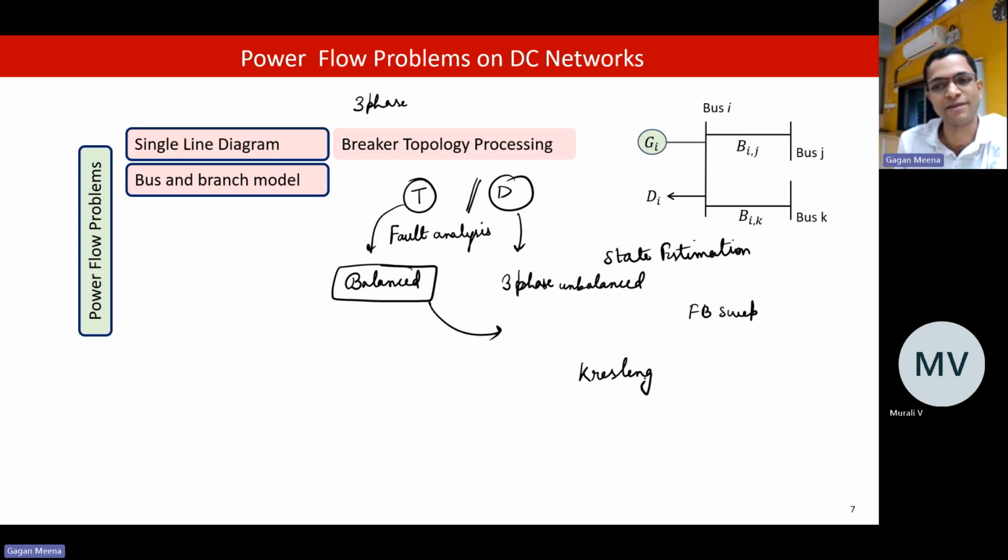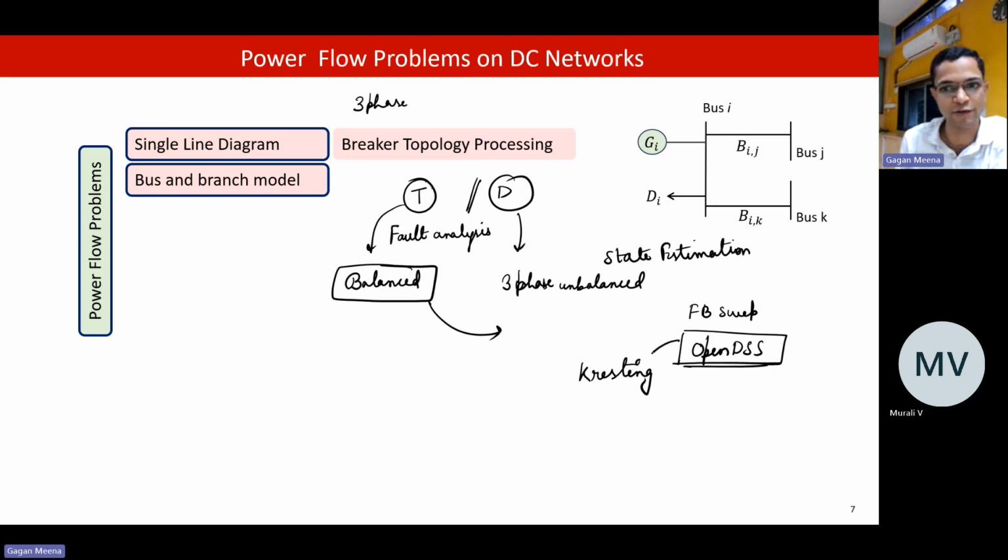It's the most famous book because he pioneered this field of distribution system analysis, load flow, distribution system power flow. There is also one software called OpenDSS, the Open Distribution System Simulator.